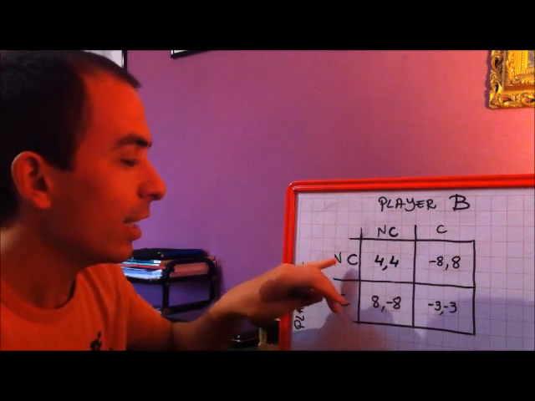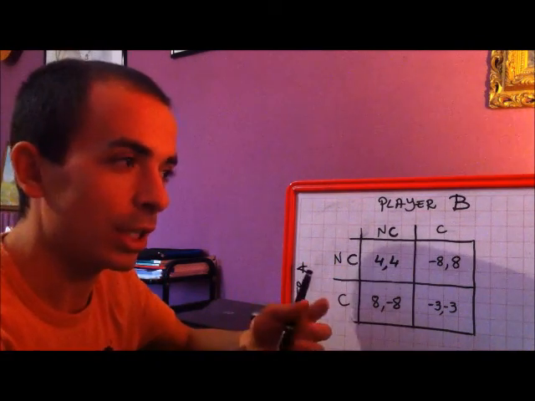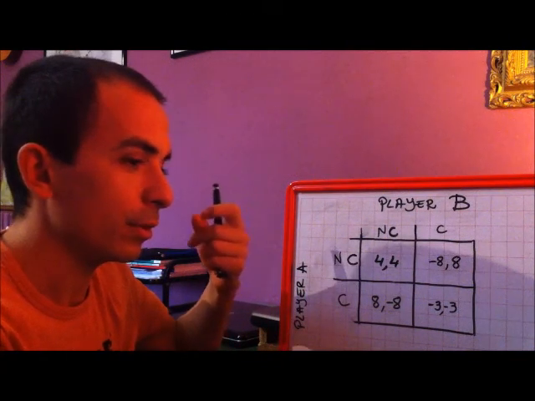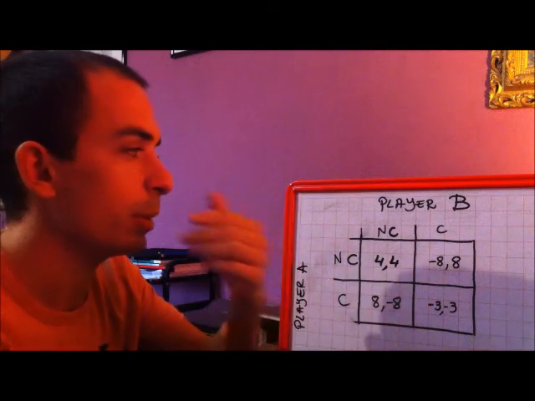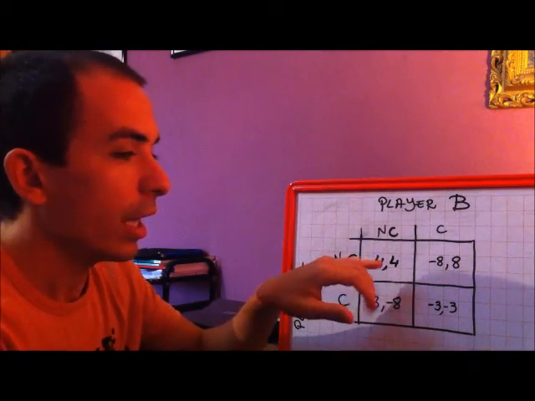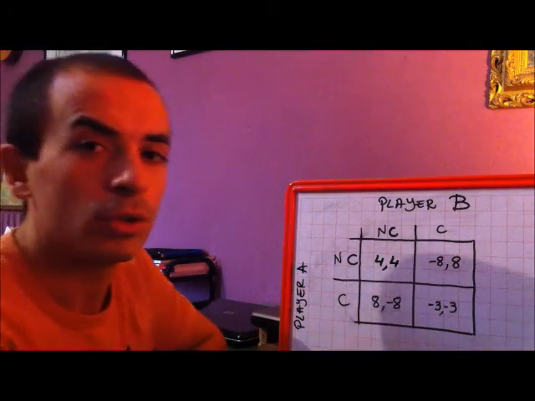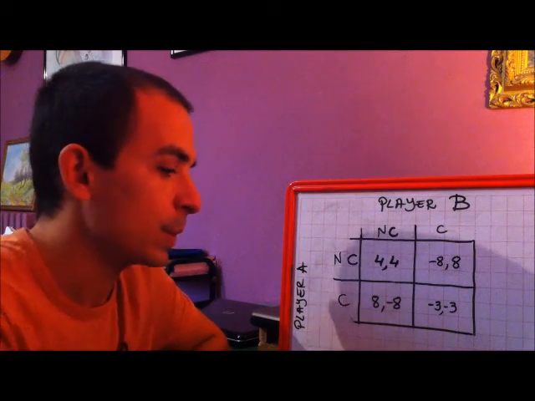And not to cooperate, which is to say stay faithful or not to betray his or her opponent. And these are the four different outcomes.